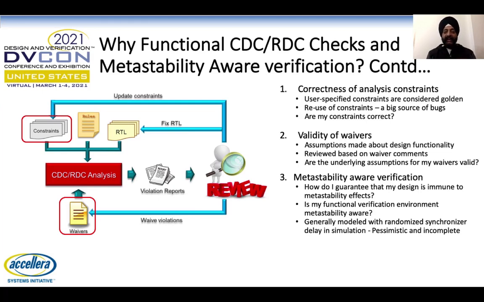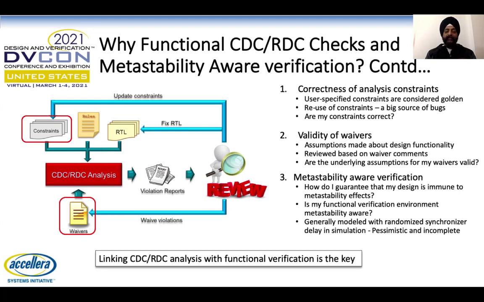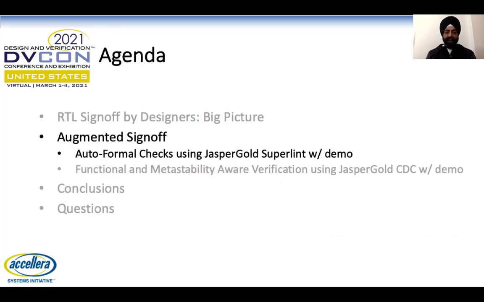If you're missing these three aspects, you leave significant holes in your sign-off. So all this needs to be integrated into one flow, which will bring your structural analysis and functional verification into one integrated verification task, and only then can you really sign off your RTL with confidence.